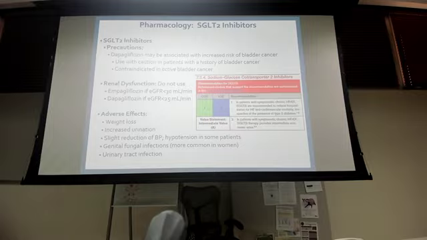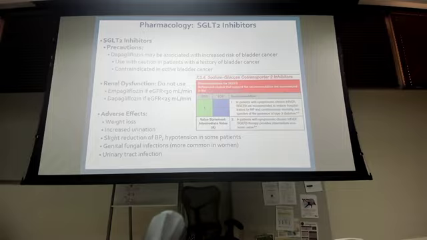Common adverse effects, well, increased urination because you're peeing out sugar and salt, and water's following it out. So obviously, you're going to be urinating more. You can get mild hypotension, weight loss. I'm sure you've heard of that on some of these medications. Kind of a unique side effect is some infection risks that are listed there. Genital fungal infections, especially in women, and UTIs.